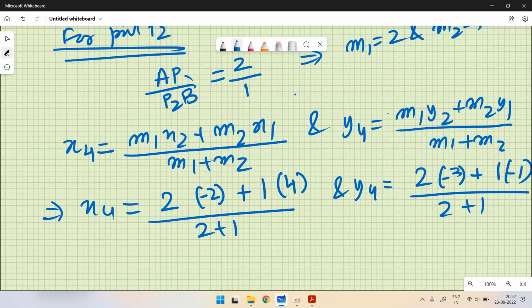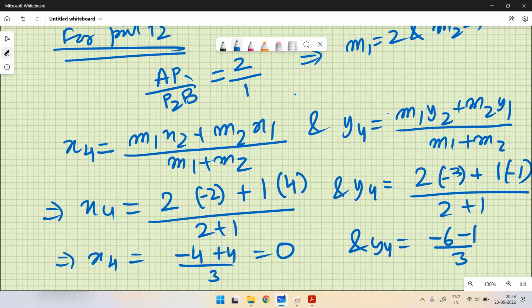So if I calculate this, X4 is minus 4 plus 4 by 3, equal to 0, and Y4 is minus 6 minus 1 by 3, which is minus 7 by 3.